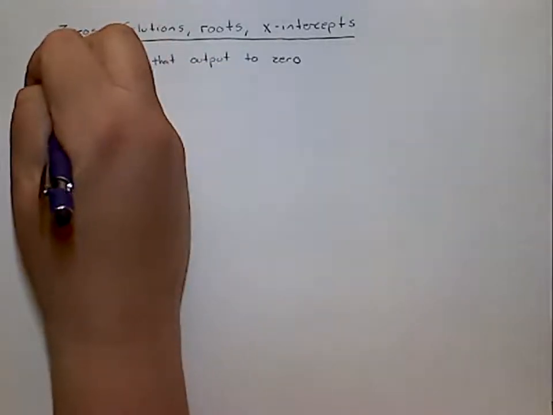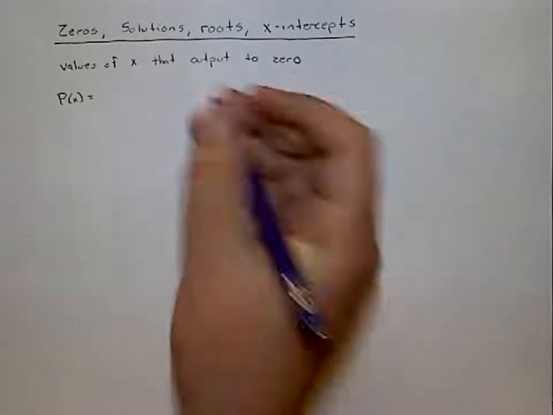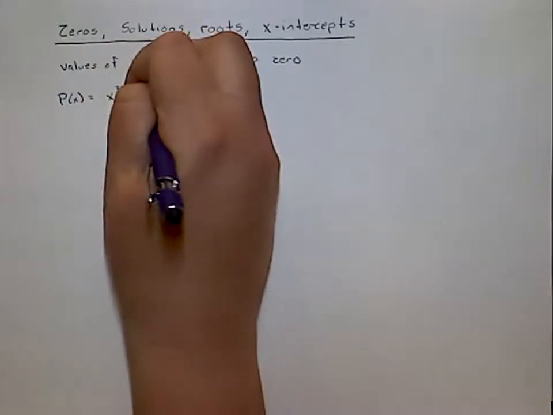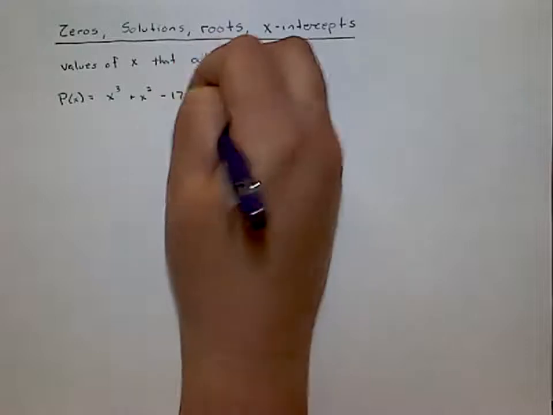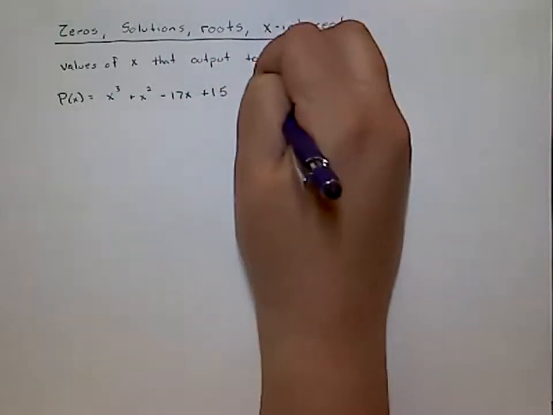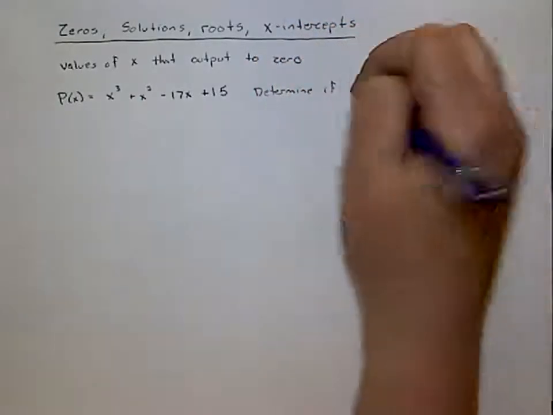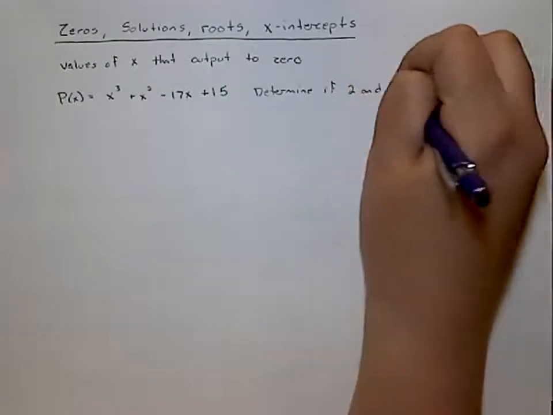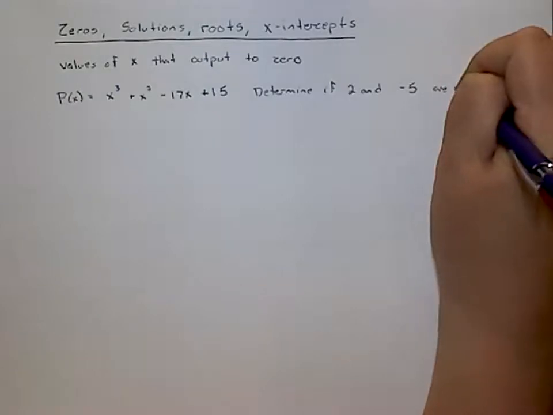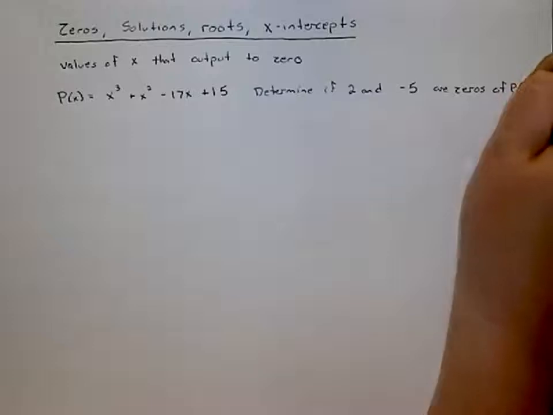Okay, so if we are given the polynomial p of x equals x to the 3rd plus x squared minus 17x plus 15, we are asked to determine if 2 and -5 are zeros of p of x.